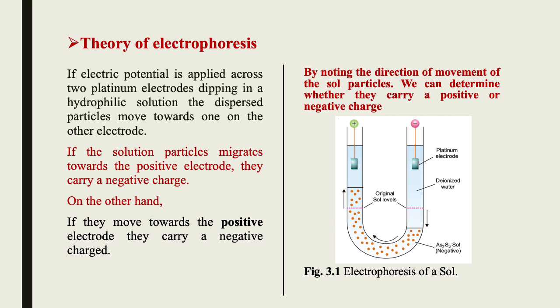On the other hand, if they move towards the negative electrode, then they carry positive charge. Here it should be the negative electrode and here the positive electrode. This is the correction.